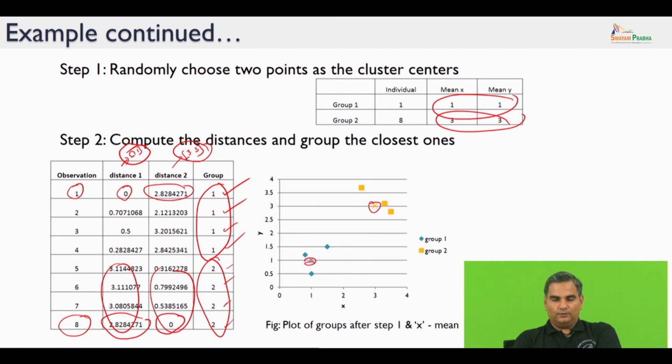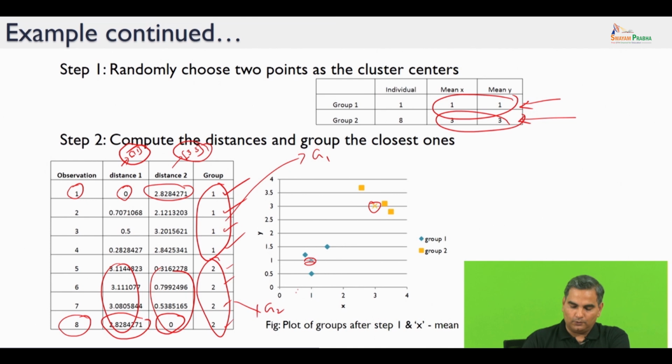Now, you know that these group positions or the centers of these groups were randomly chosen, but we now have more information to update these centers, because I know all of these data points belong to group 1 and all of these data points belong to group 2.